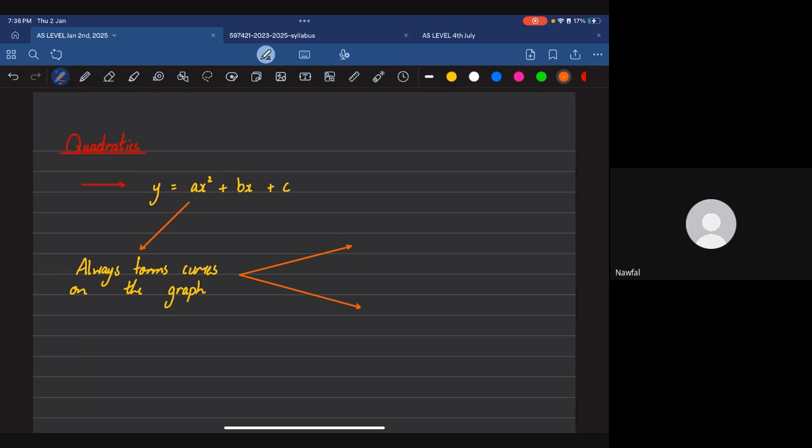Both of them are going to be dependent on the value of A. And what is A? You need to form this sort of chain link between all of this. So everything is going to depend on the value of A. And what is A? A is the coefficient of the x squared term.